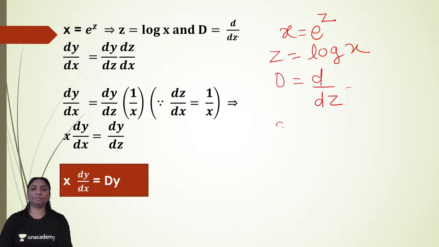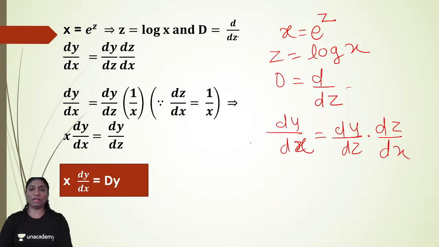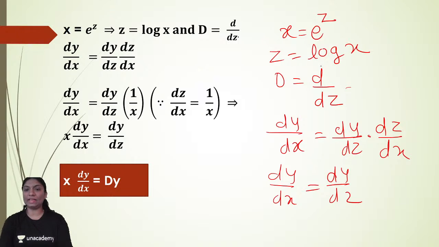dy by dx is equal to dy by dz into dz by dx. So you will get here dy by dx is equal to dy by dz into, what is our dz by dx here?